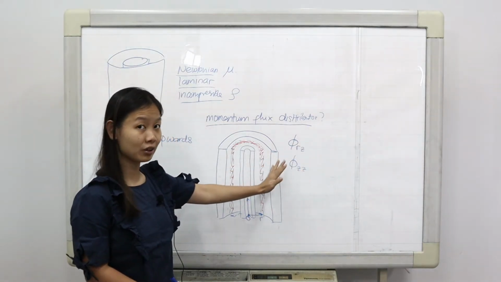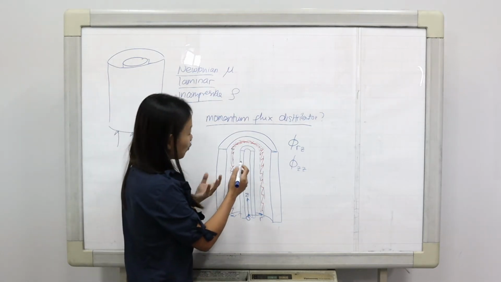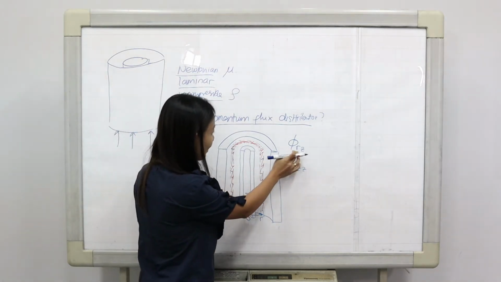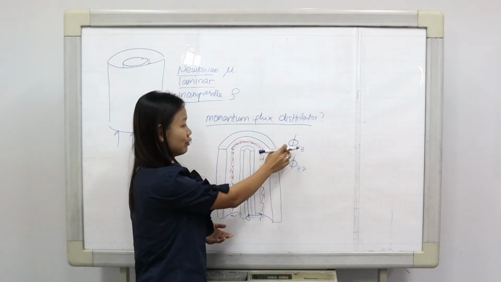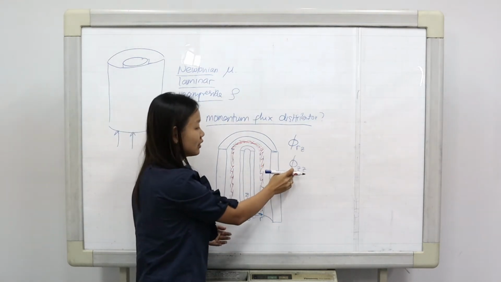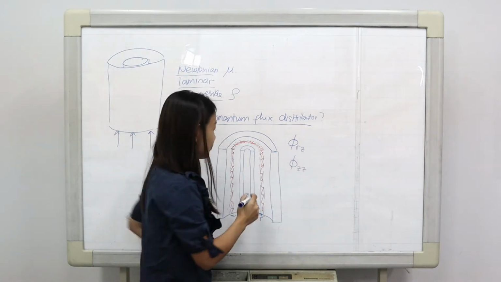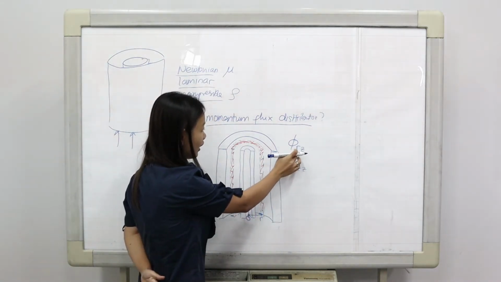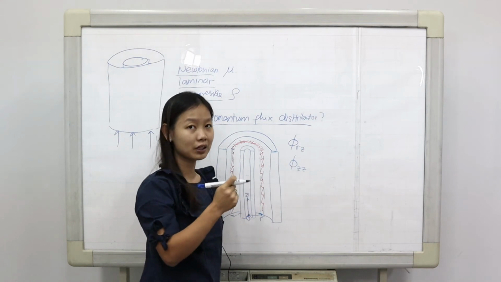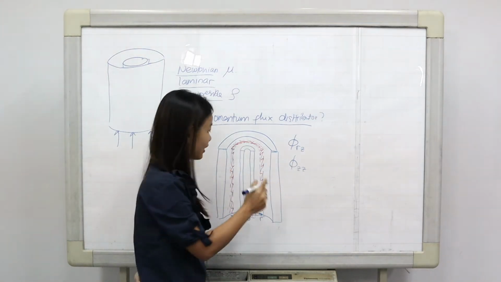Now we have to draw where phi rz is in, where phi rz is out, what phi zz in is and what phi zz out is. Phi rz means that the momentum flux is in the r direction.